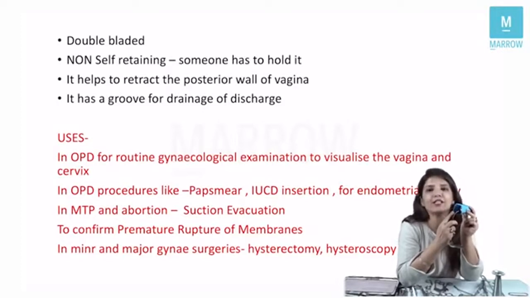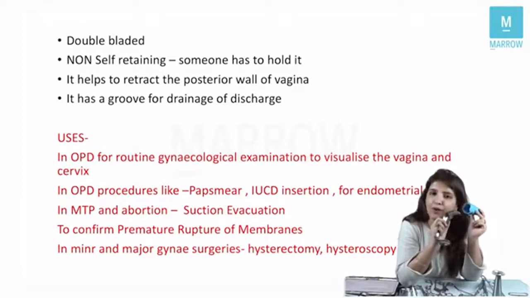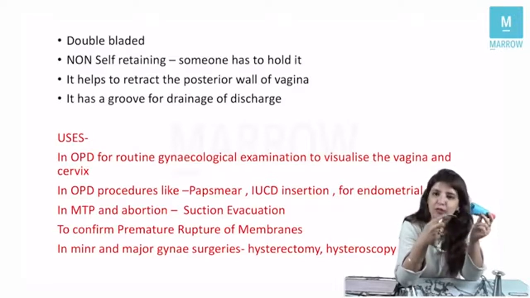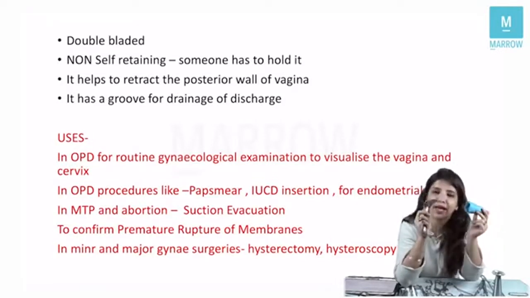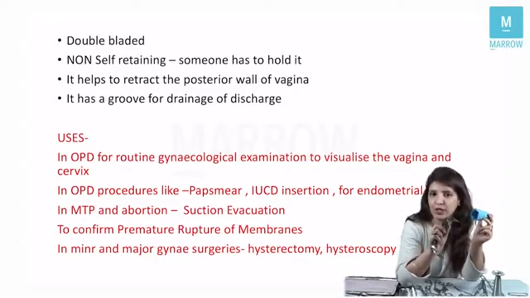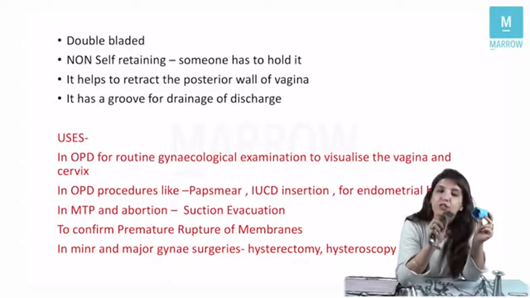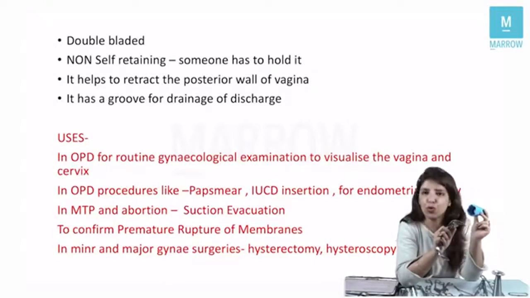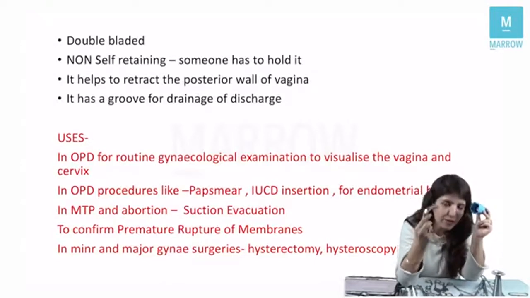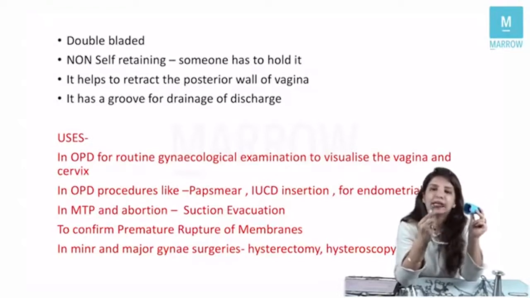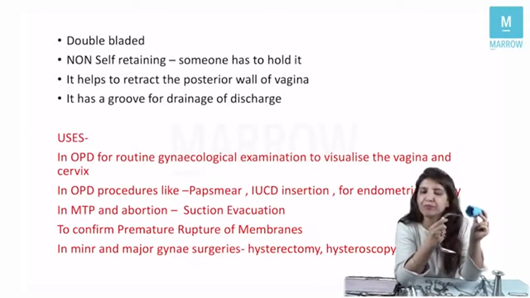If amniotic fluid can be seen coming out, that means yes, the membranes have ruptured. So in case of rupture of membranes, whether premature rupture of membranes or otherwise, you can go for a sterile per speculum examination. In rupture of membranes, per vaginal examination is contraindicated, but a sterile per speculum examination can be done, right?